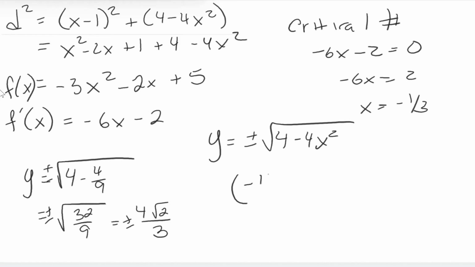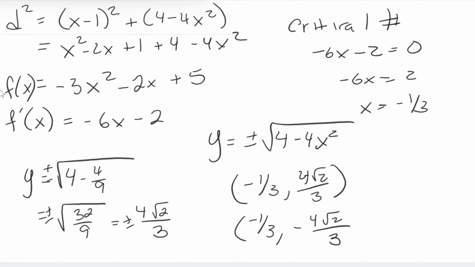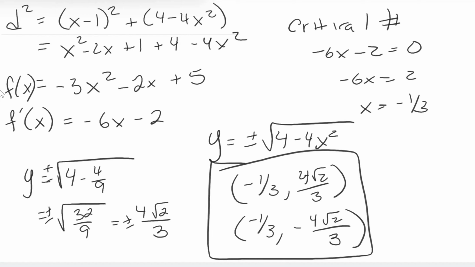So my 2 points are negative 1/3, 4 square root of 2 over 3, and negative 1/3, negative 4 square root of 2 over 3. That's where the plus or minus comes into play.